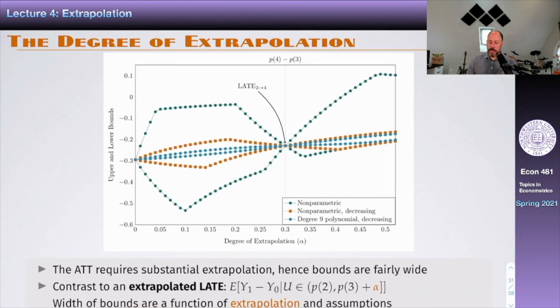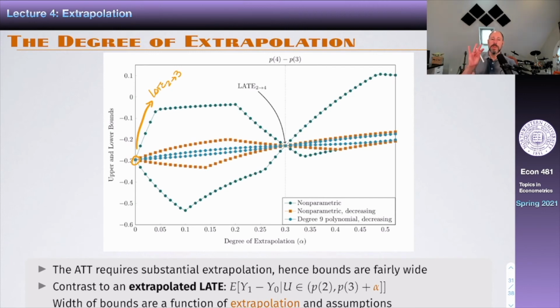The next picture that is interesting is extrapolating the LATE. This is a policy relevant treatment effect. Okay. So what's going on is this. Here, I'm going to write here. It's just the LATE from 2 to 3. Okay, this is this point. And so that's what you observe from the data.